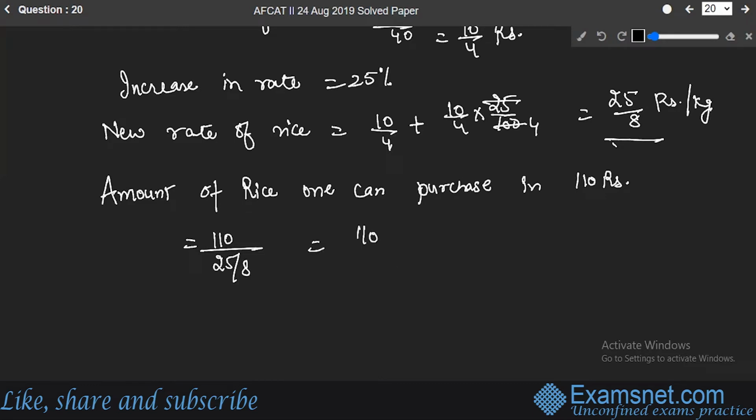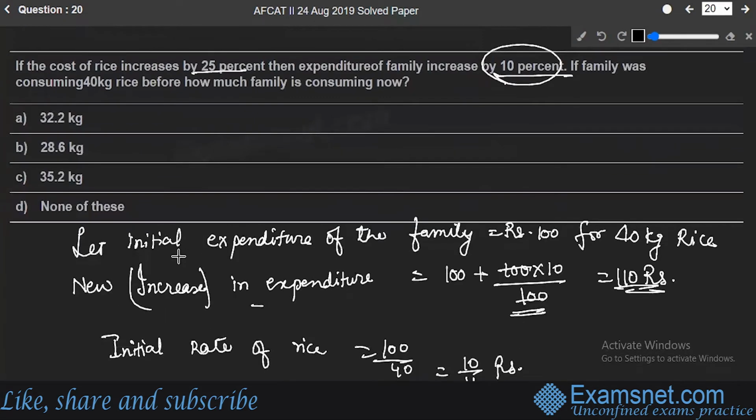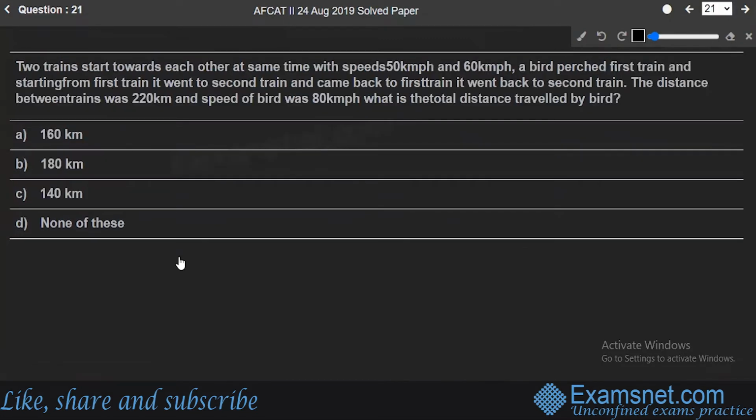So this will be 110 multiplied by 8 divided by 25, which is equal to 35.2 kg. Right. So let's check the options. This is your answer. Let's check the right option to this question. Option C. Option C is the correct answer to this question. Hope this is clear. Let's move to the next question.